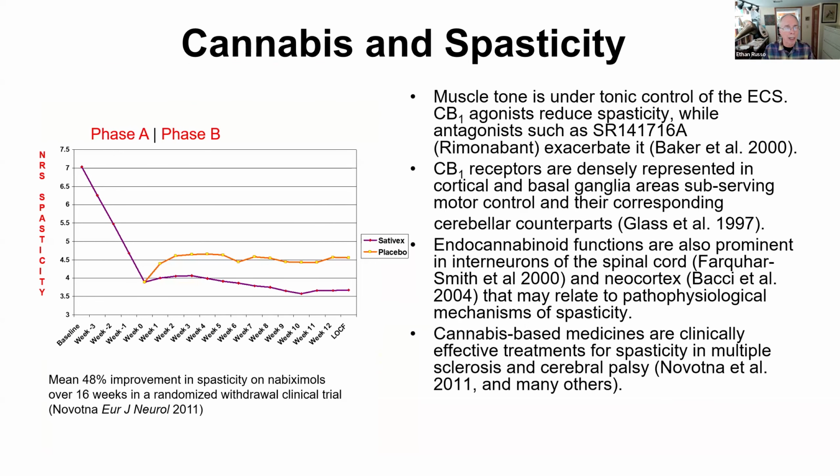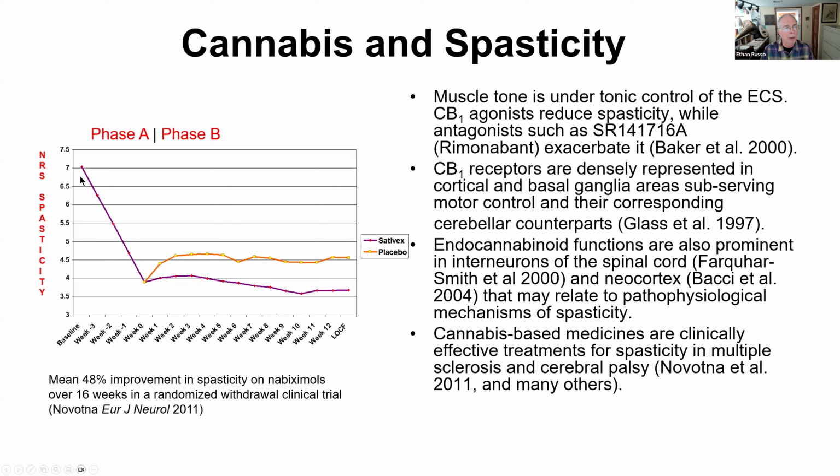What we know about how it works is on this slide. And this is taken again from one of my articles. What we see on the left is the pivotal trial of Sativex, what was called a randomized withdrawal trial in treatment of spasticity. Unbeknownst to people, everyone got Sativex for a month.